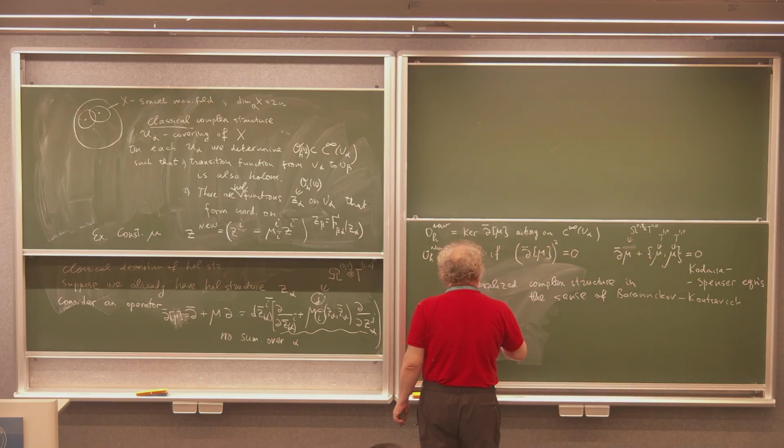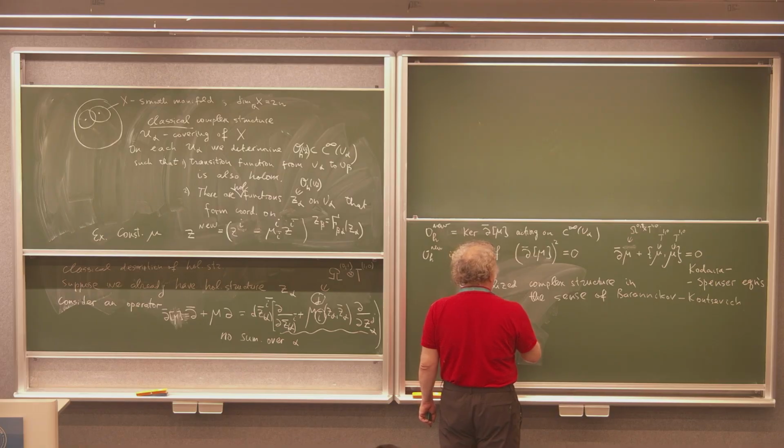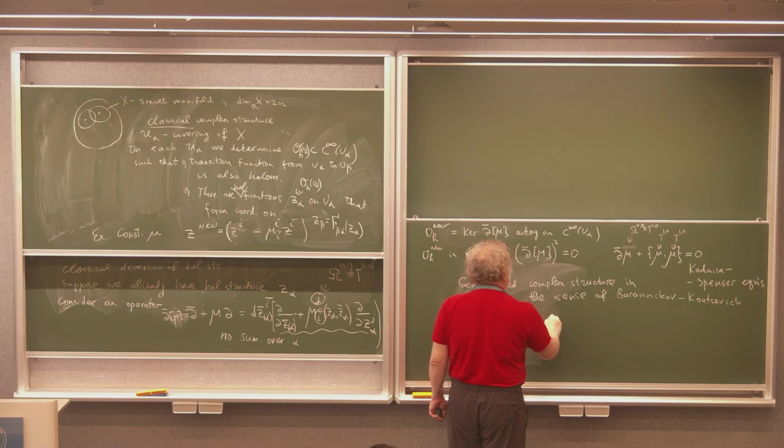In the generalized complex structure, we do the following. We say that mu belongs to omega dot, zero dot times polyvector.